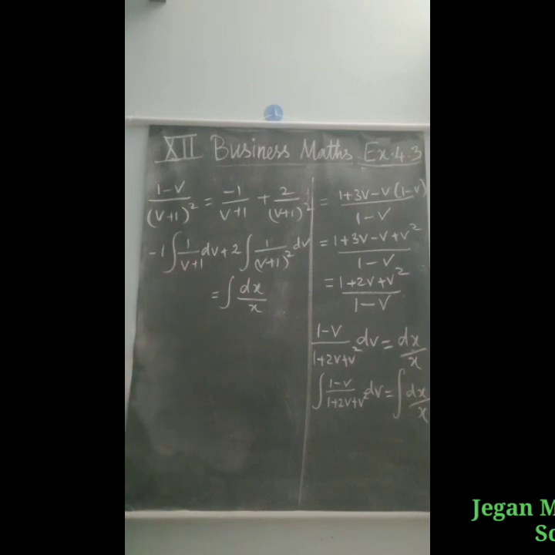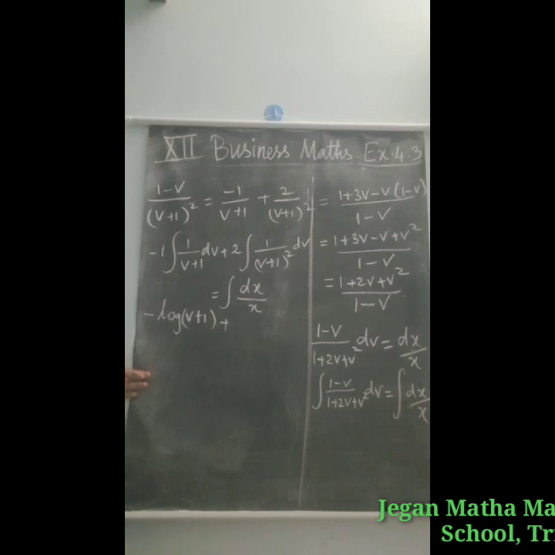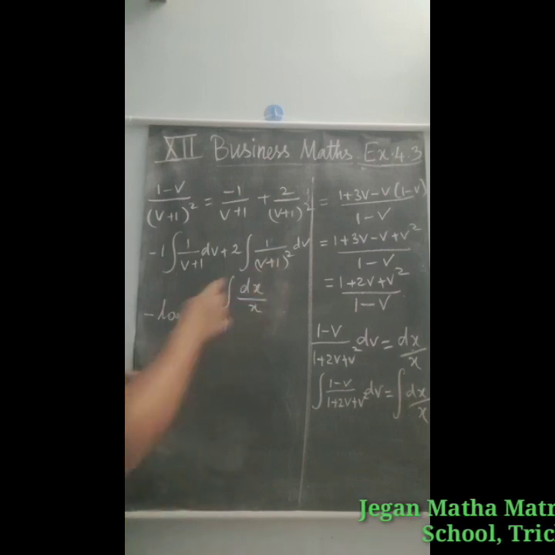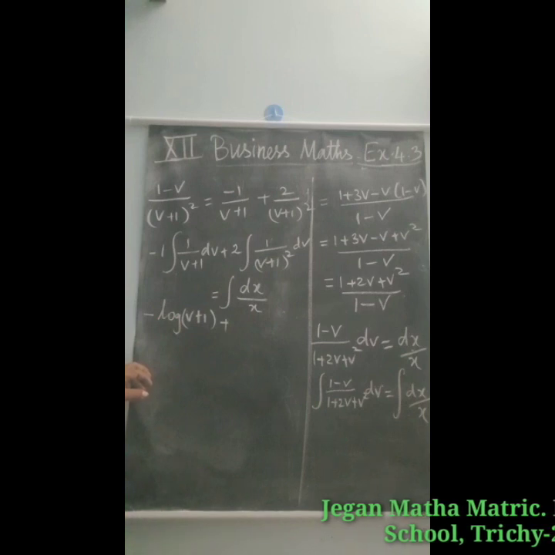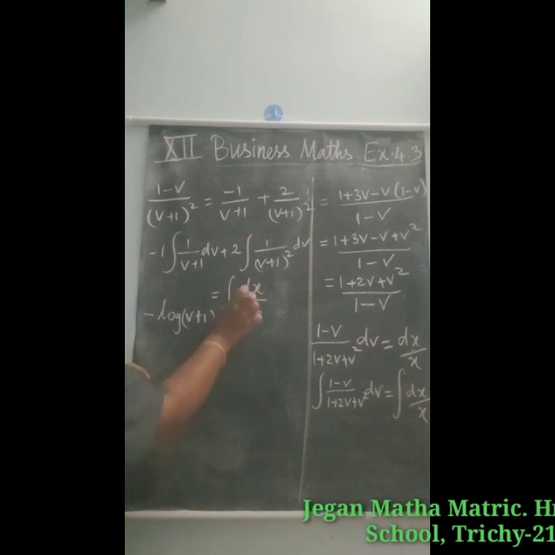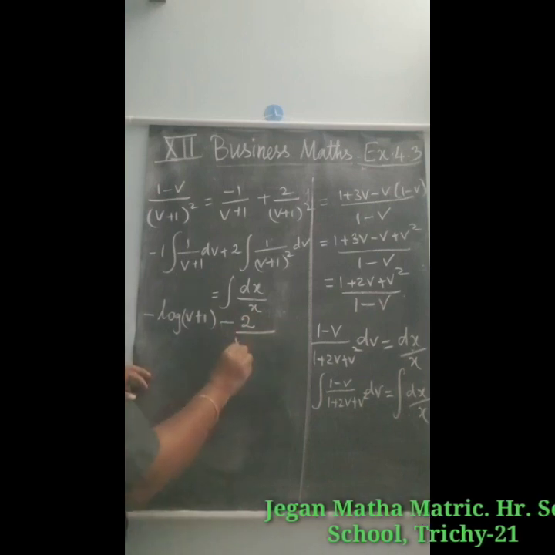So what is the integration formula for this one? Minus of log (V plus 1). And for the next one, 2 into (V plus 1) the whole square, we will get power minus 2, so minus of minus 2 divided by (V plus 1).